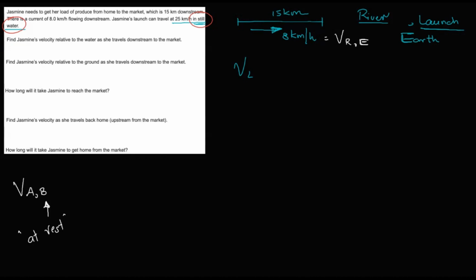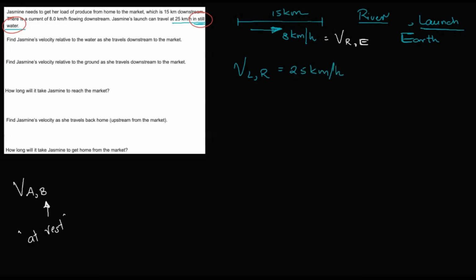Whenever you refer to a velocity with respect to another object, whatever object you define as a reference frame should not be moving. In this case, still water means the water is not moving. So the launch velocity with respect to the water, and the river and the water are the same thing that we are defining, is nothing but 25 kilometers per hour, right?